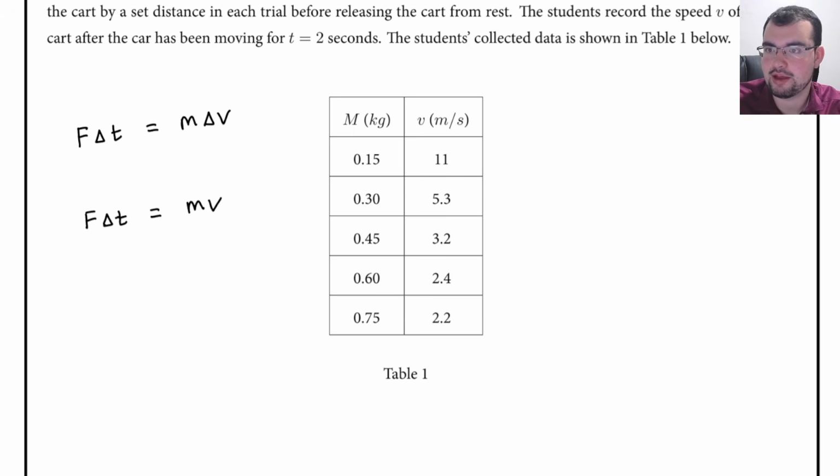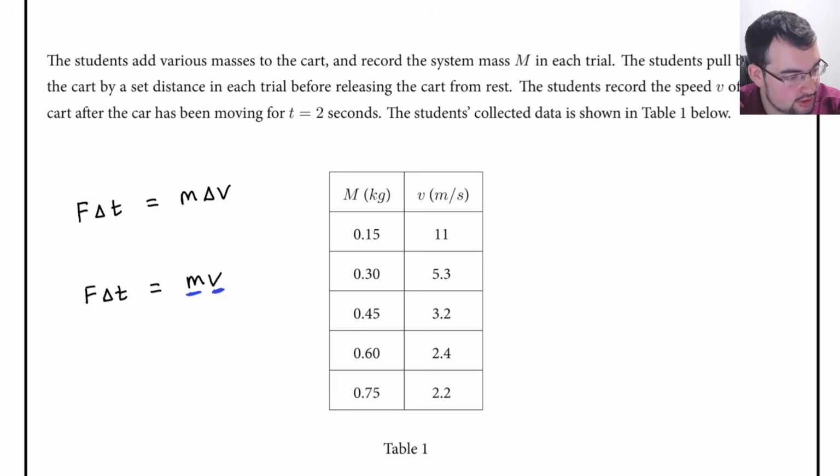Now, another way of coming up with this equation, where our variables, just as a reminder, we were given m and v. So we're going to have to do some manipulating, because delta t was just 2. Another way you could do this is you could just say F equals ma.